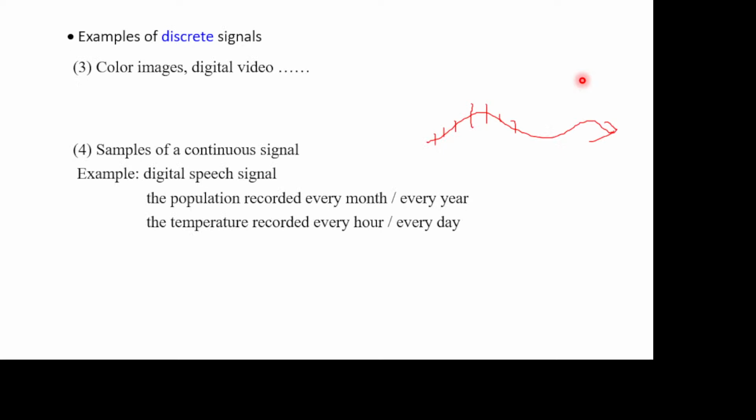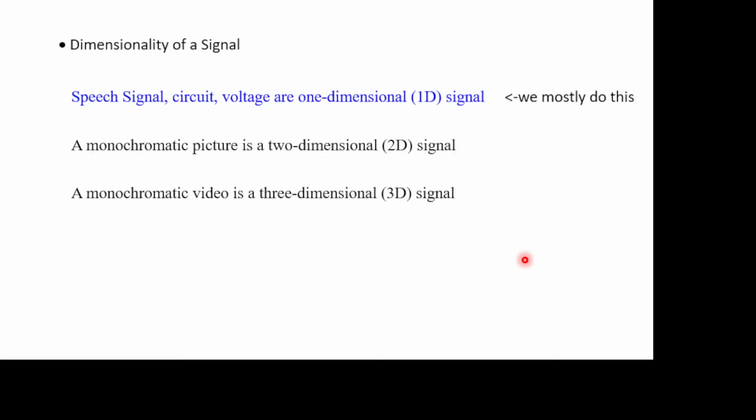So one of the attributes of a signal is its dimension. And when we talk about dimension, we mean the dimension of the variable. So most of the signals we talk about will be one-dimensional because they depend on time.